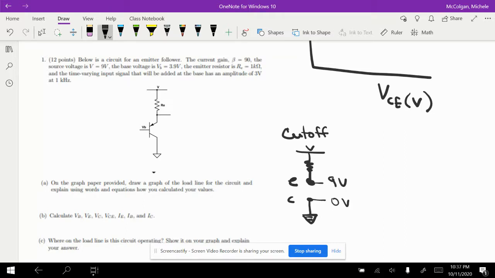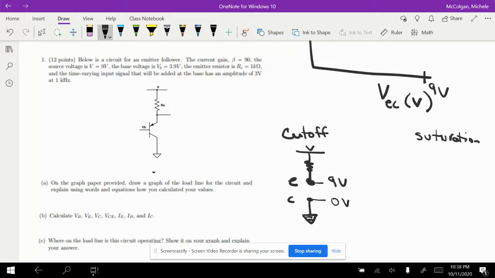So when we subtract them, actually EC in this case, since the current is going down from E to C, our value is going to be 9 volts.